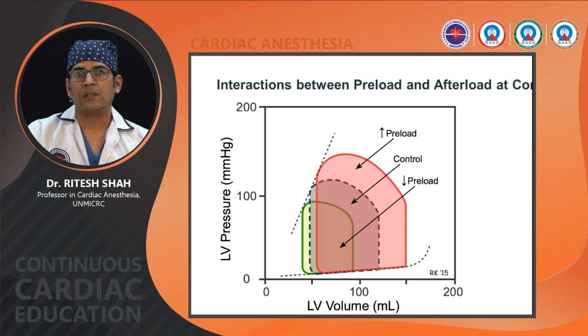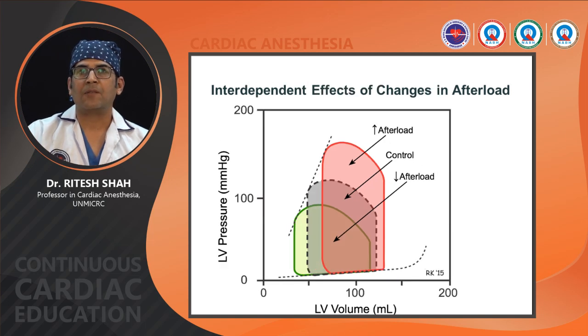So the change in the stroke volume becomes less as compared to when preload alone changes. So whenever preload changes in either direction, increased or reduced, stroke volume is only little affected due to compensation by change in the afterload and also change in the contractility of the heart.